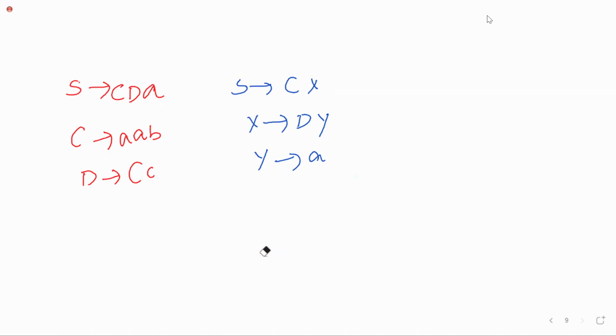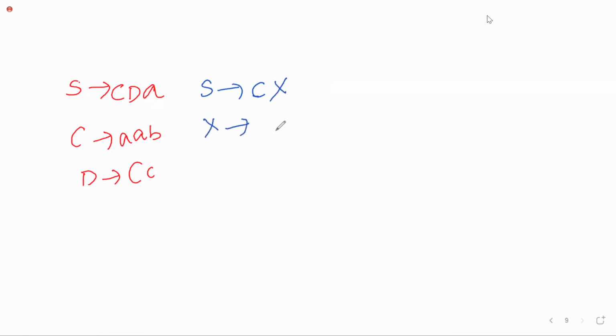Okay, ma, I'll explain this problem too. All of you observe. First, S tends to CDA. This is not in the correct format. So, S tends to what I'm writing? C. In place of DA, I'm placing X. Okay, X tends to DA. Again, it is not in the CNF format. That we'll discuss later. Next, this is what we have written.